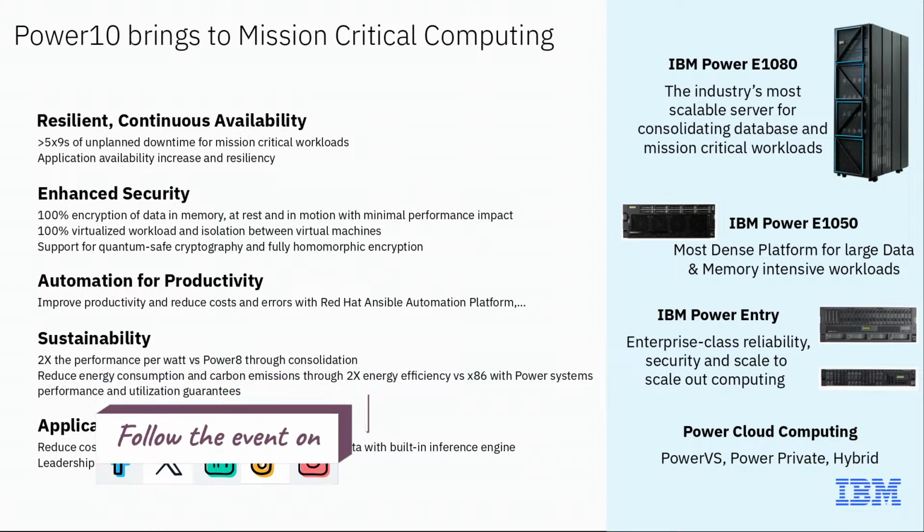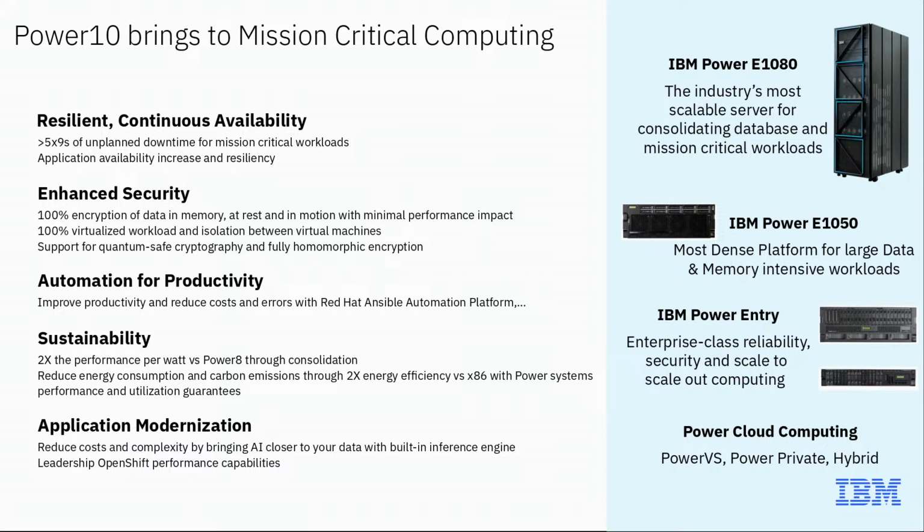Application modernization, yes, definitely. We can run containerized workloads, and we can run AI. It's very important because with AI close to the DBs, data gravity, we are improving performance. So in a nutshell, this is the platform. Come to us to better understand what it means for you.